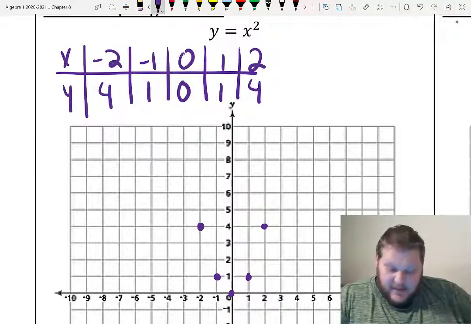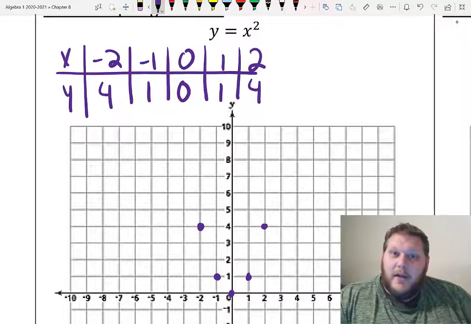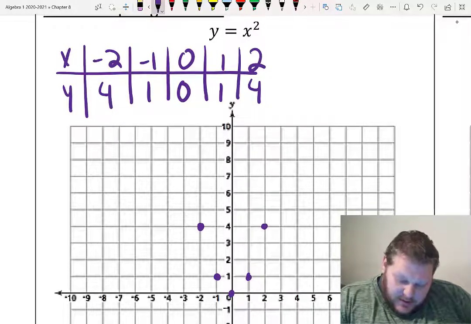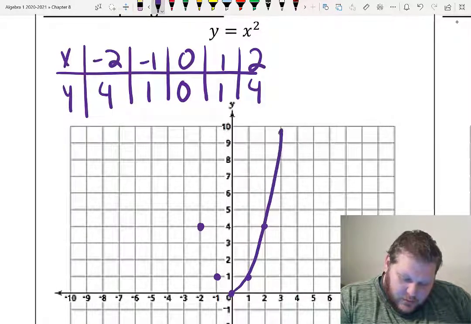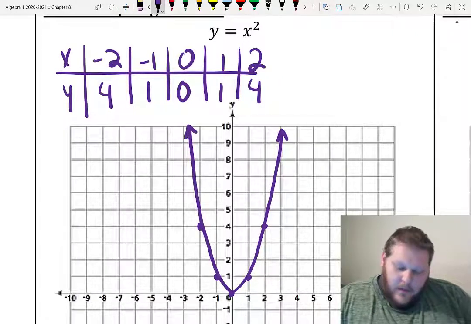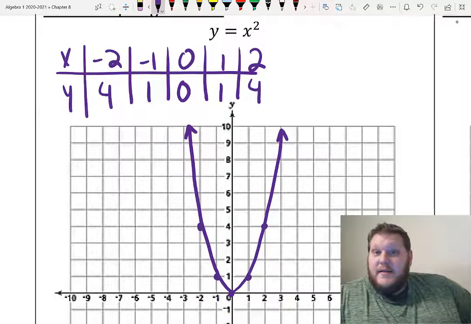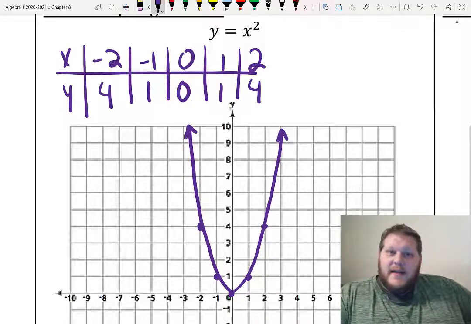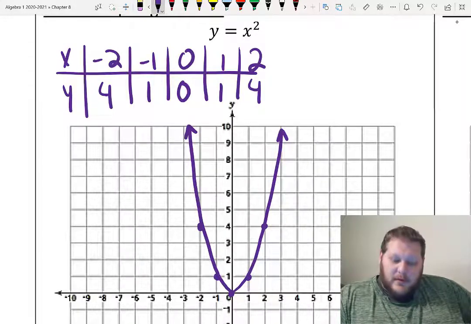So that is going to give me that shape of a parabola that we're looking for. So I can go ahead and just connect my dots as best I can. So that is the basic parabola. That's the standard parent graph of a parabola.